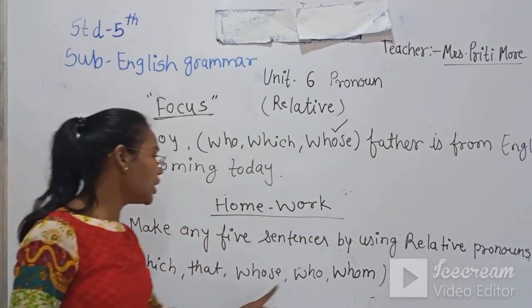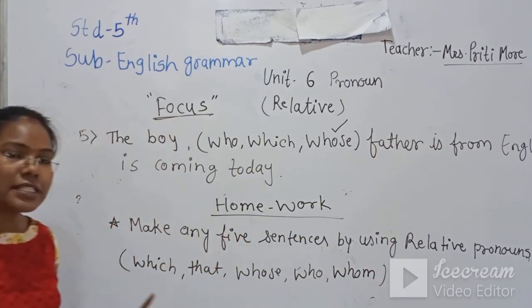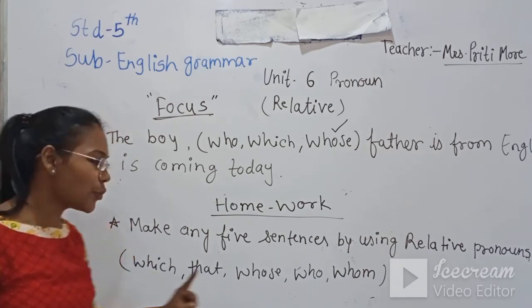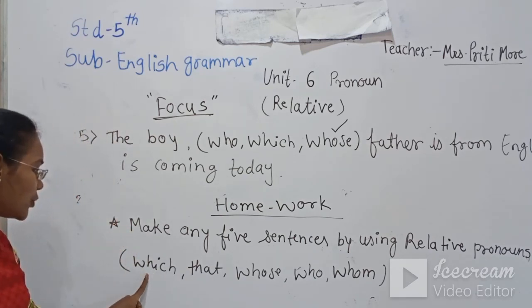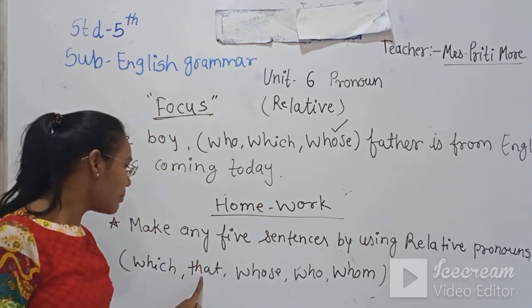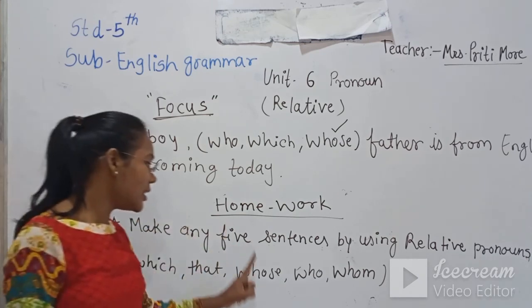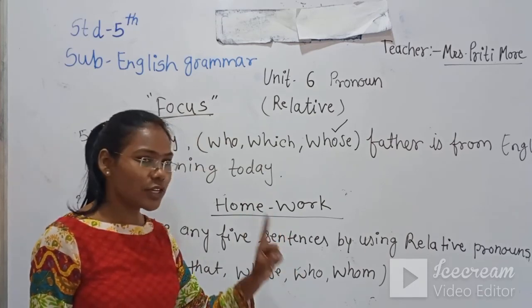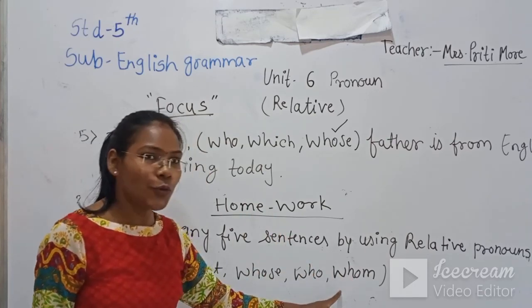Now 1, 2, 3, 4, 5. One sentence you have to make by using each of these 5 relative pronouns. One sentence by using which, one by using that, one by using who, one by using whom, and one by using whose.